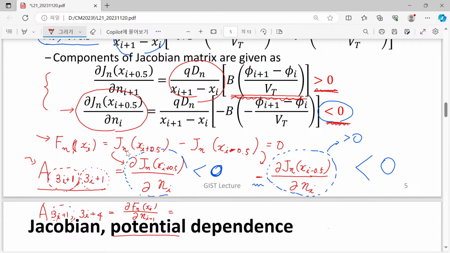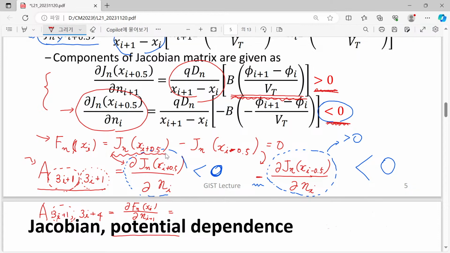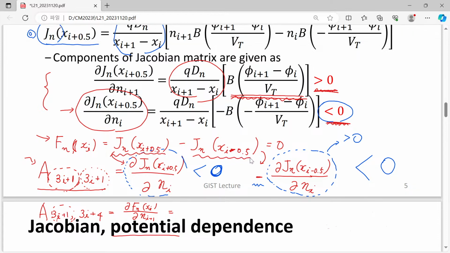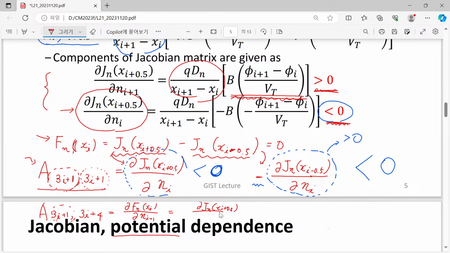Then this one will contribute and this one will not contribute, because this is the flux between x sub I minus 1 and x sub I. So we will have just round jn xi plus half partial derivative with respect to n sub I plus 1, and that is always, as shown here, a positive sign.